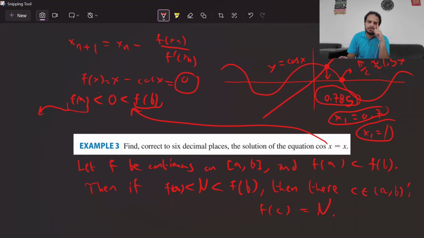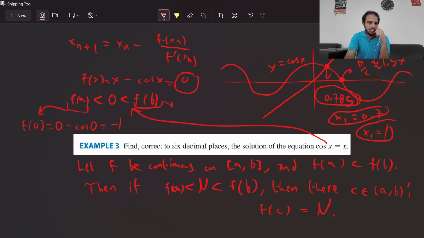Yes, we can hear you. Do you have a suggestion for the value of a? 0, for example, right? f(0). What's the result of f(0)? Minus 1. Yes. So 0 minus cosine 0. 0 is 0. Cosine 0 is 1. So minus 1. So this is good.